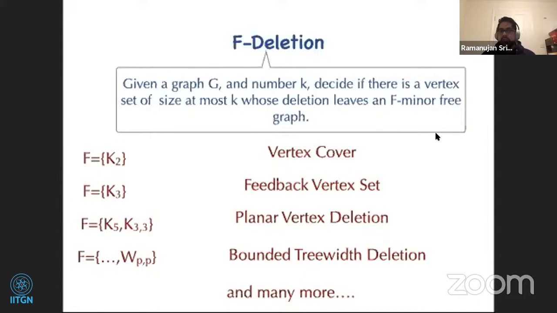For instance, if I take my family F to be only a single edge, then making sure that my graph does not contain an edge as a minor is the same as saying that the graph must be an independent set, i.e. vertex cover. Similarly, if my family F only comprises the triangle, then what I want is to eliminate all cycles from my graph, in which case this problem is precisely feedback vertex set, and so on.